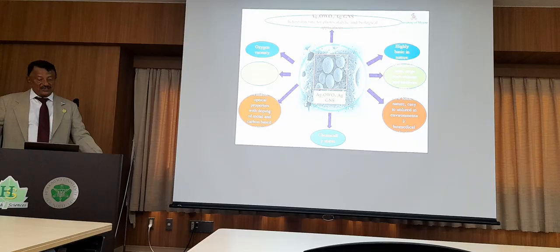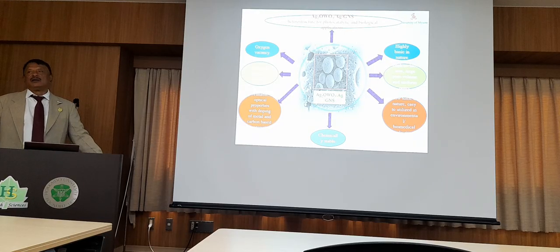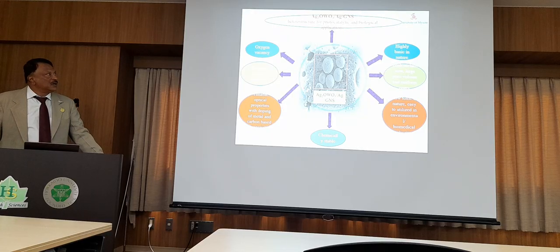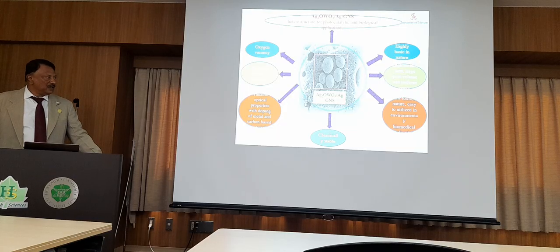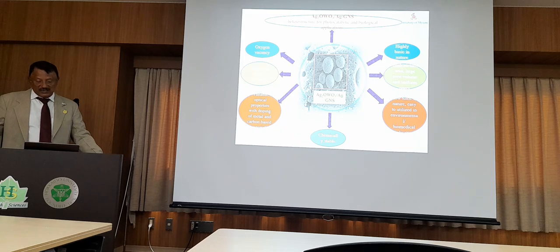And this is another set of nanocomposites, metal composites we prepared: silver tungstate and silver along with graphene nanospheroids. With this, we can see different properties. Oxygen vacancies are there; it is thermally stable in air and water, has tunable optical properties with doping of metal and carbon-based materials, is chemically stable and highly basic in nature, and has high surface area.